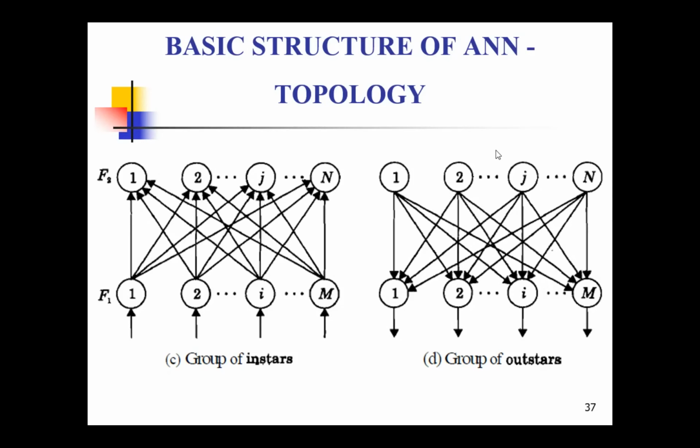For example, look at the first neuron in the F1 layer. That first neuron is connected to the first neuron in F2, then the second neuron, the jth neuron, and the nth neuron in F2. Similarly for the others, so all these are interconnected, because only then is perfect learning possible with these models.